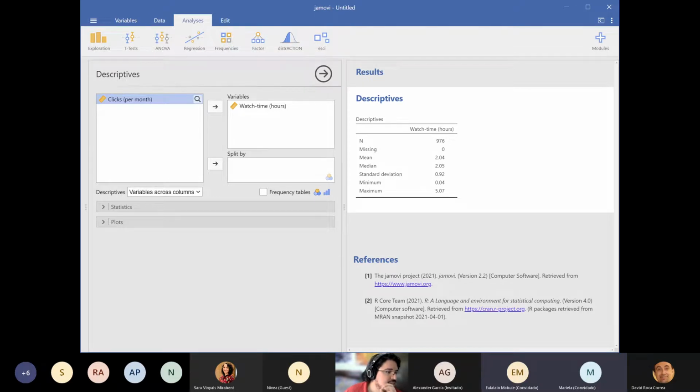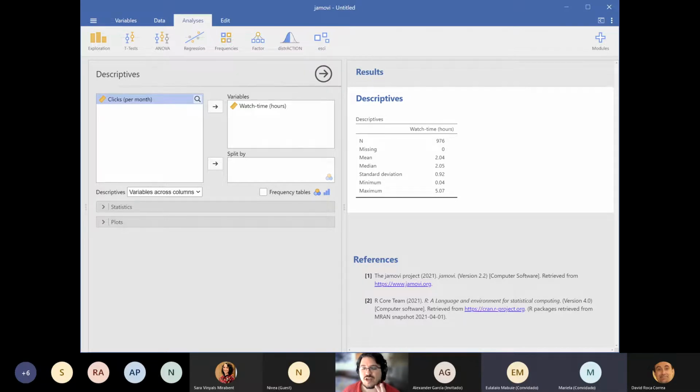And the median is a number that separates ordered data into halves. Here, this is a continuous data set of watch time, but you can imagine that there is a point that is exactly in the middle.